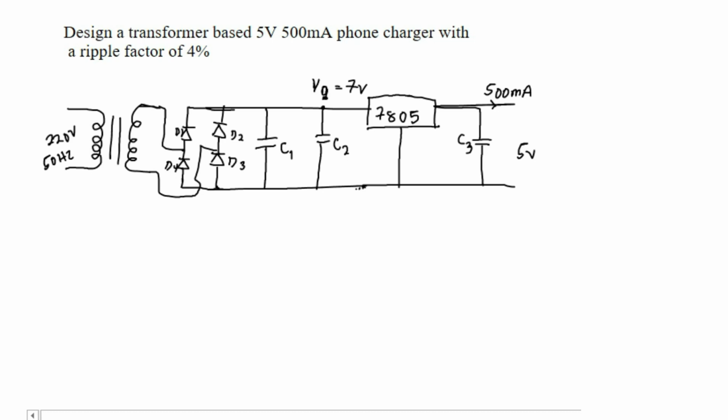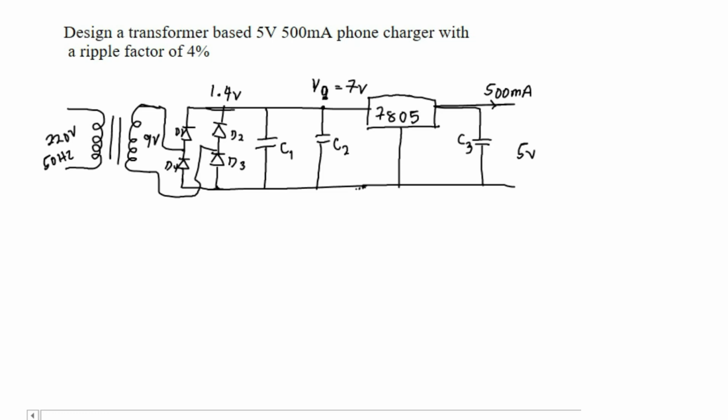So at any time there is going to be a drop of 1.4 volts. Adding 1.4 to 7, you have 8.4. So a 9 volt transformer, or the voltage across the secondary side to be 9 volts, is sufficient for our design.